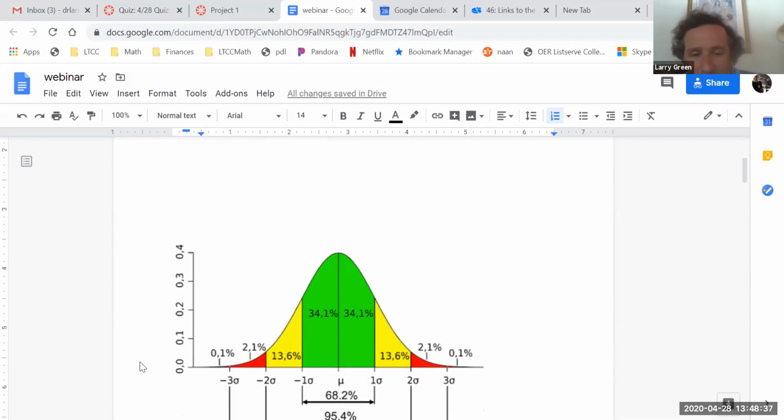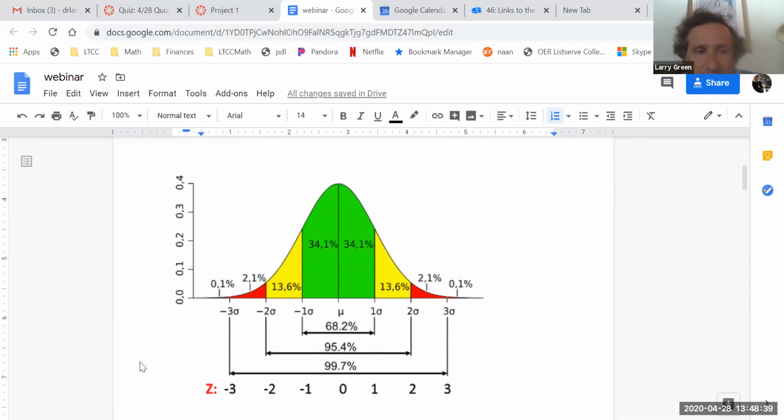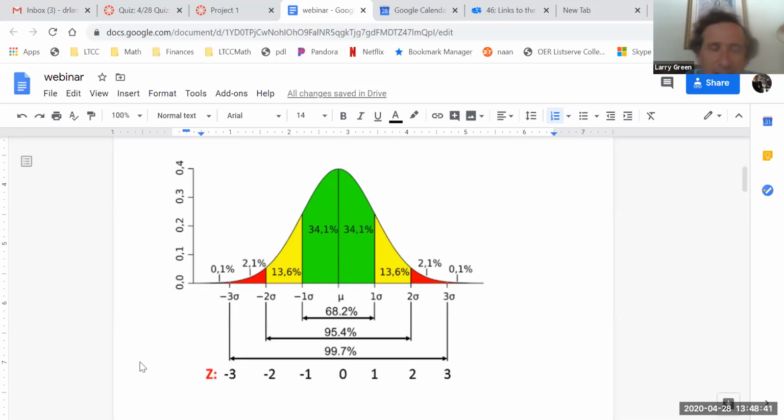Okay, now we can put this in a picture. And they've done a nice job. I copied and pasted this from Google, obviously. Google's got everything. So I tend to use Google, and this was a nice one. You'll notice they actually have, in this picture, 2 ways of looking at it. One is we have 0, 1, -1, 2, -2, 3, -3. And we could say between -1 and 1, you have 68.